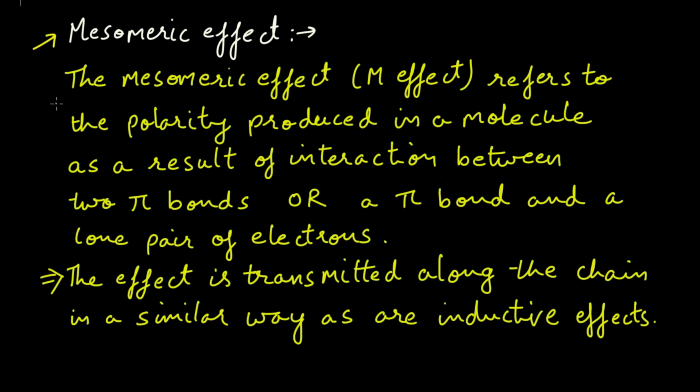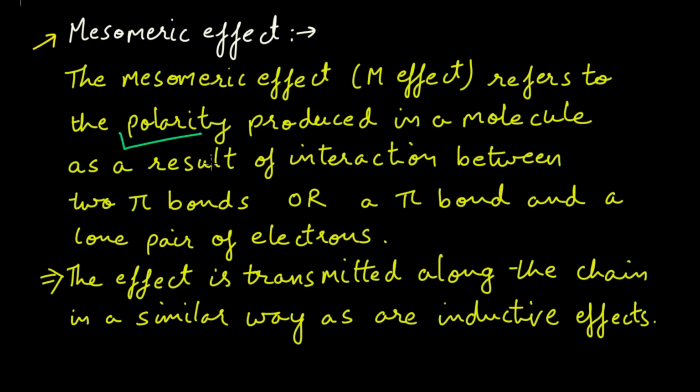The Mesomeric Effect or M effect refers to the polarity produced in a molecule as a result of interaction between two pi bonds or a pi bond and a lone pair of electron. Now, in this particular definition, there are a few things that must be considered.